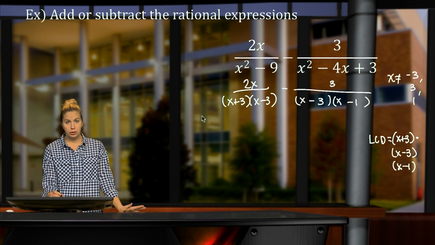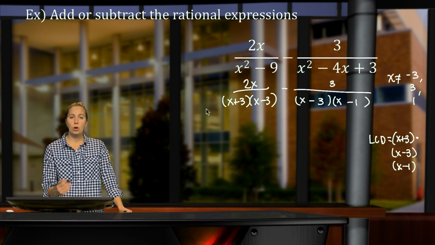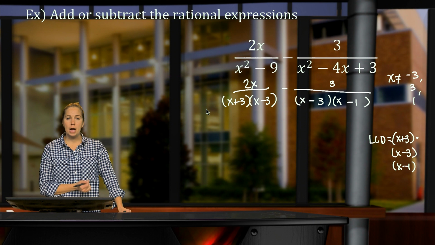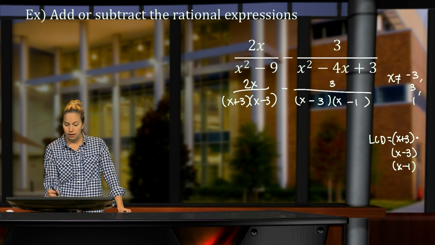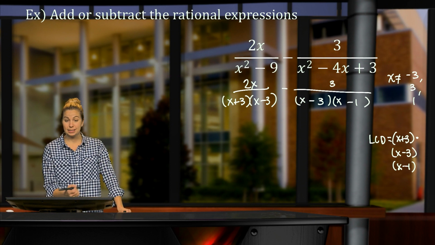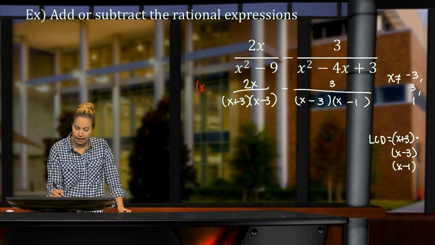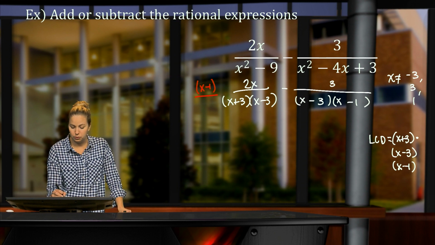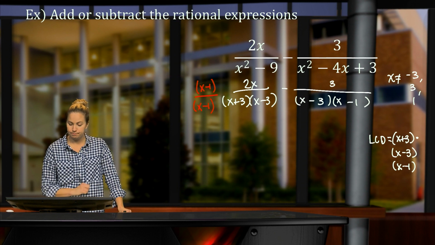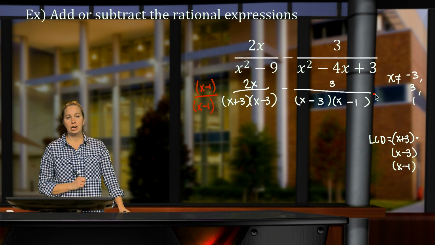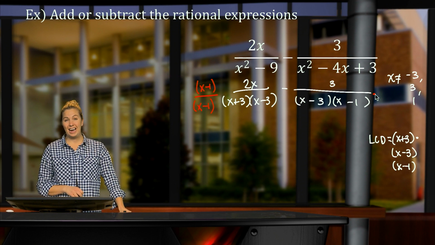We go back to our original problem and we figure out what do I need to multiply each denominator by to get our LCD. In the first fraction, we need an x minus 1. So I'm going to multiply the entire first fraction by x minus 1 over x minus 1. In our second fraction, we need the factor of x plus 3.